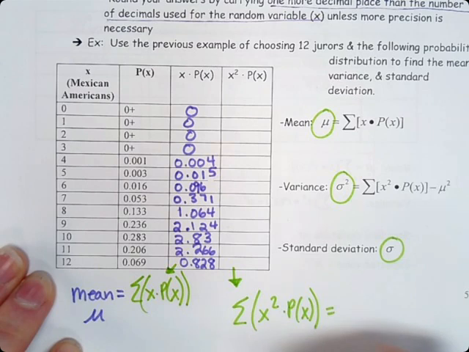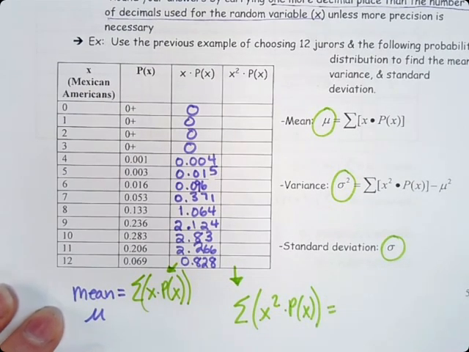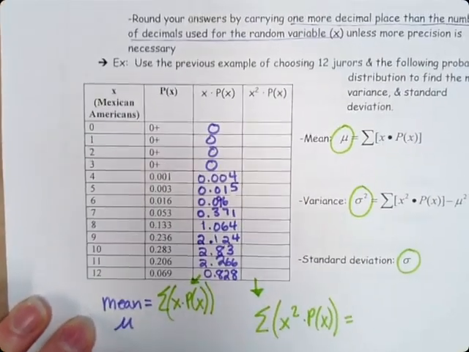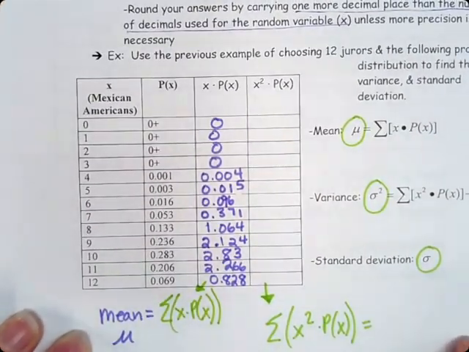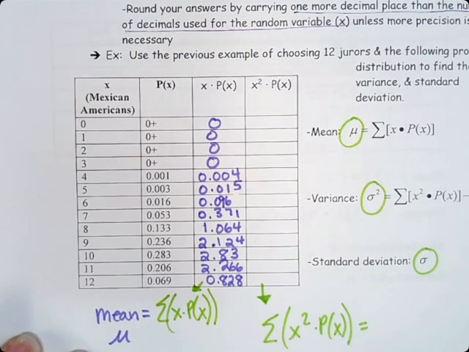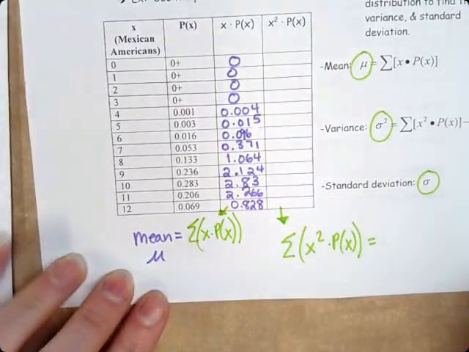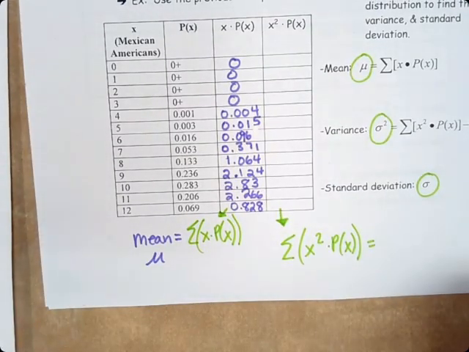Mean is our mu. Okay, check each other at your table. See if y'all got the same answer. Or you added those together. Make sure you didn't miss any of those values.